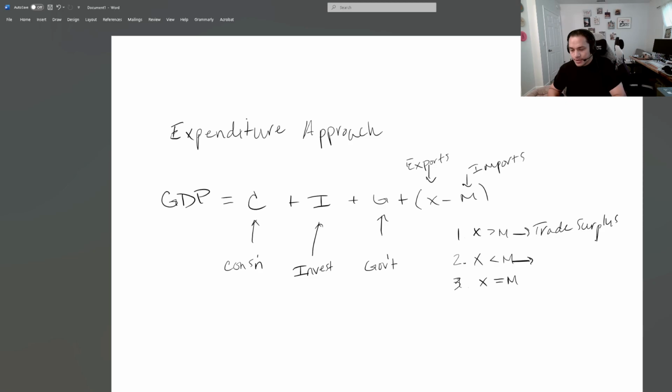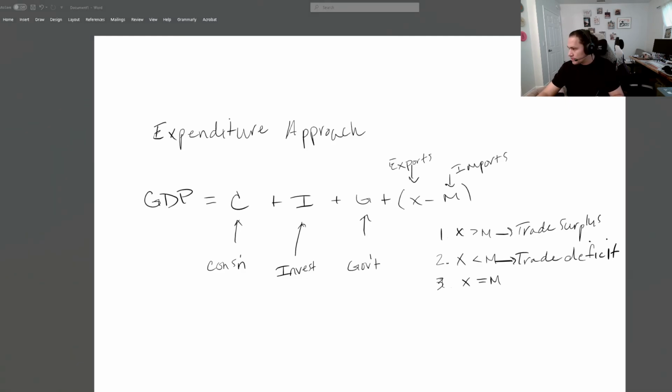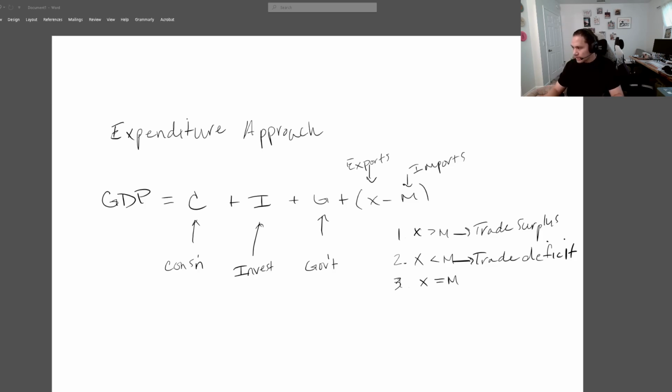For us, in the US, this second option tends to be how we operate, where our exports, what we sell to other countries, are less than what we buy from other countries. And so whenever we're operating in this way, we call this a trade deficit. Make sure this is easy to see. And then our last one could be a perfectly balanced trade.